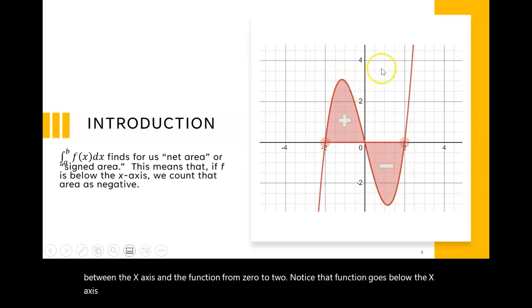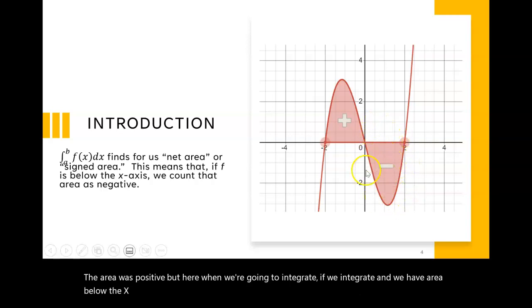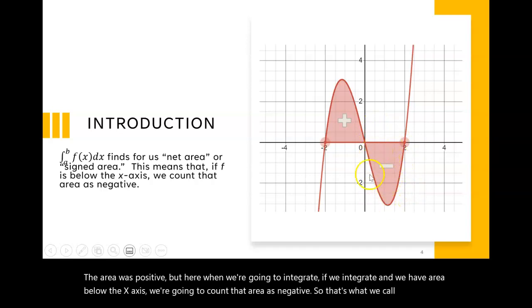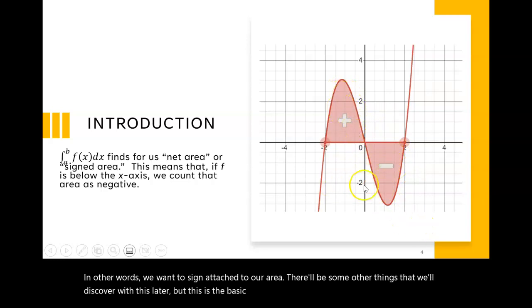Now, normally when you first learned about area, hopefully the idea was that the area was positive. But here when we integrate, if we have area below the x-axis, we're going to count that area as negative. So that's what we call signed area. In other words, we want a sign attached to our area. There'll be some other things that we'll discover with this later, but this is the basic idea.